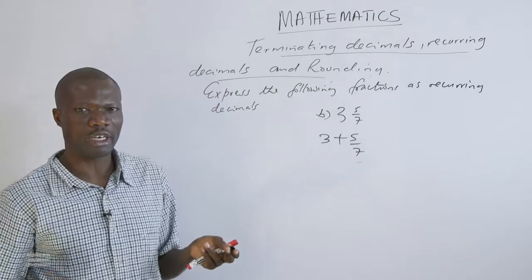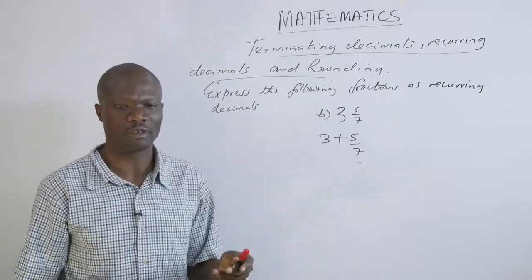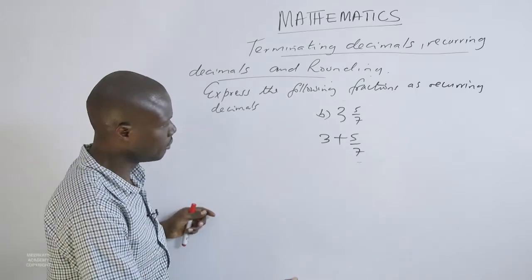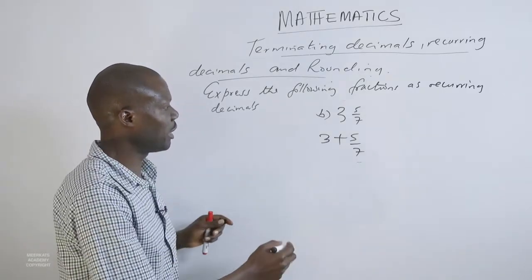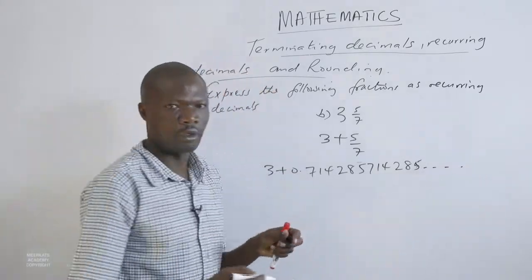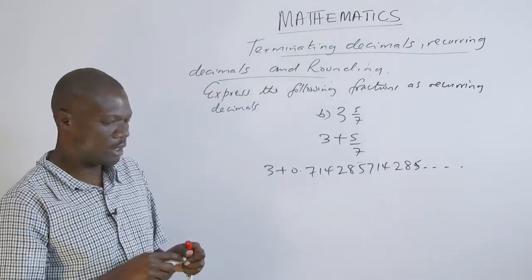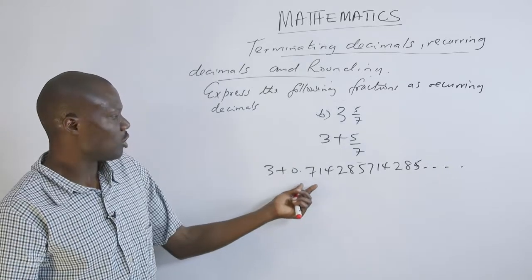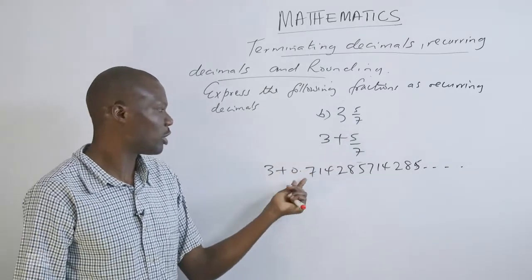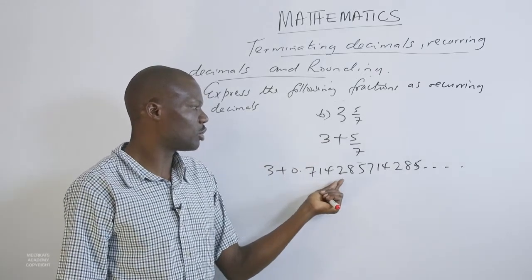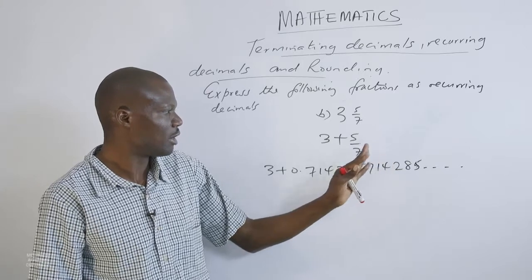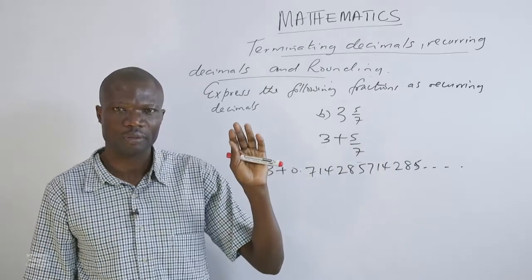So using your calculator, if you divide 5 by 7, this is what you'll get. 5/7 will be 0.714285, and so on.